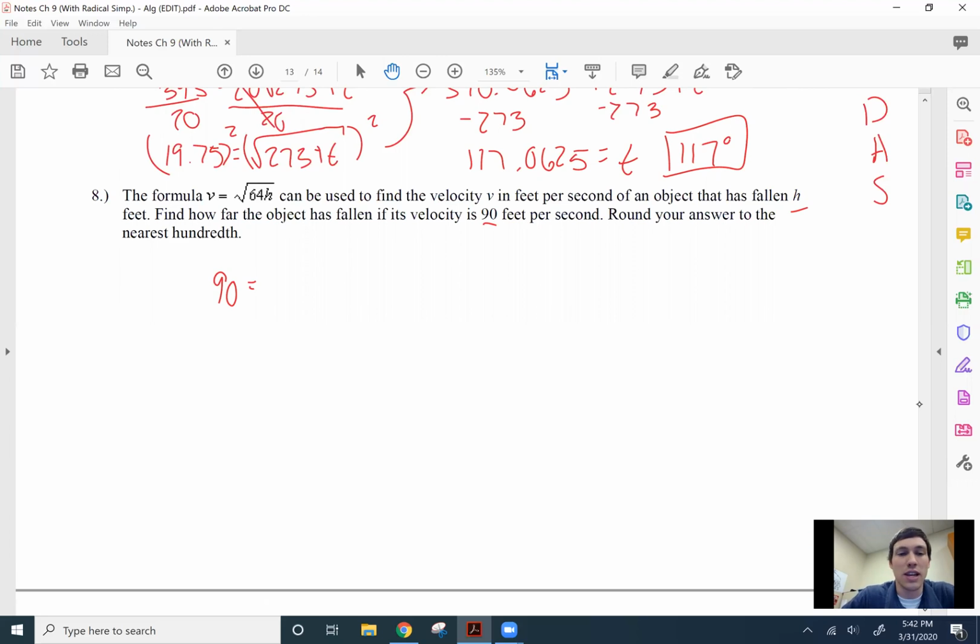Well, if h is the height, I'm just going to solve for h. So you've got to get rid of the square root, so I've got to square it. 90 squared is 8100. H is being multiplied by 64, so I've got to divide by 64.